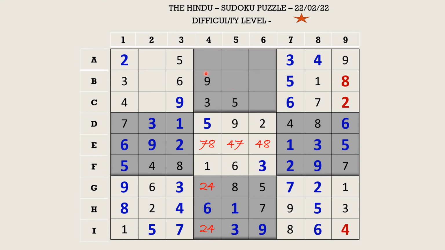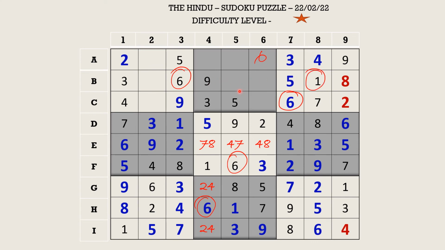Let's try to fill this second block. There is 6 in C row and 6 in B row which blocks these 2 rows. There is 6 here in column 5 and in column 4 which blocks these cells. So 6 goes in A6. There is a 1 here which blocks these 2 cells.